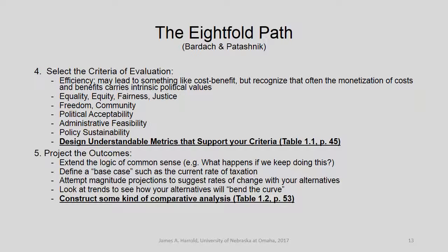Here's what happens with our swimming pool cost and benefit. You might attempt to provide some magnitude projections. For example, if we build the splash pad, youthful delinquency will decrease by X%. Now, how would you do that? That goes back to designing your metrics.